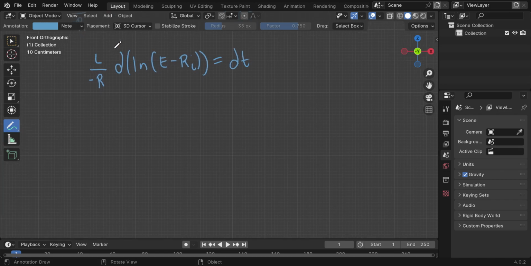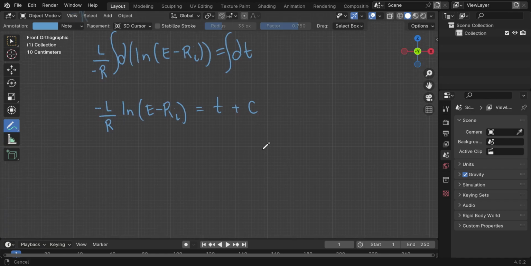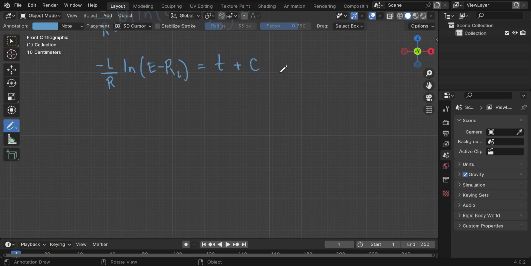Now all we need to do is integrate both sides, and by doing that we get negative L over R times ln E minus R I is equal to t plus c. So that's pretty good, except we have one more issue here, that I of 0 equals I0.